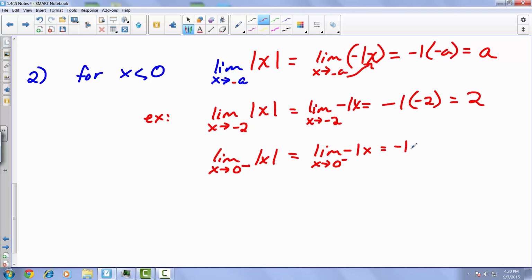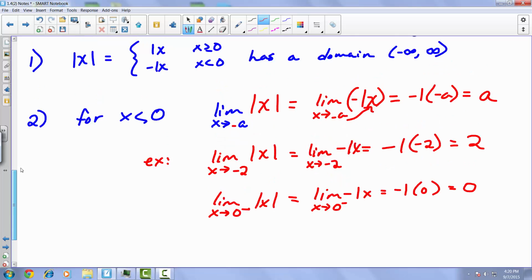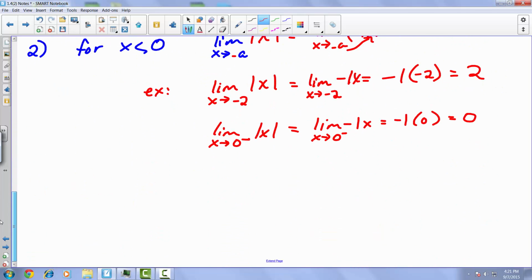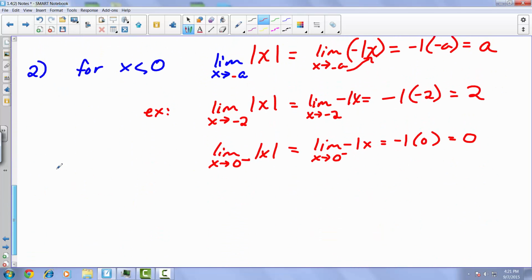Well, that's the same thing as saying negative 1 times 0, which is just 0. So kind of also looking for that continuity to show that they do in fact meet up at that value 0. So those were values that were less than 0.